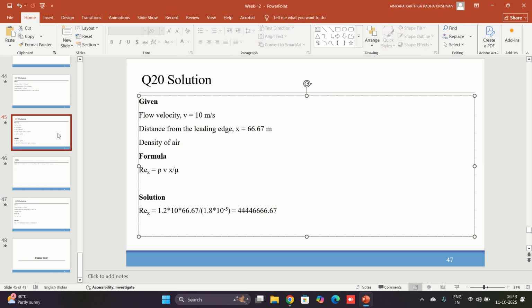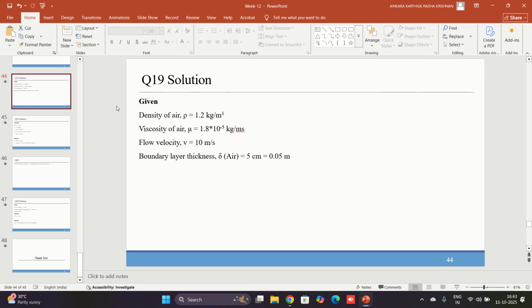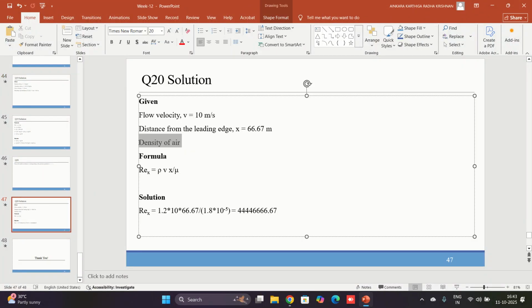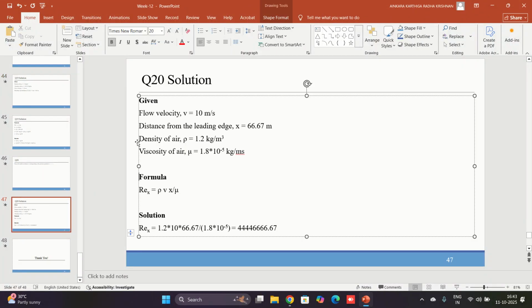The previous problem was air, right? It is air, and viscosity of air. We require both. And the formula is Rex is equal to rho v x by mu. So rho is 1.2, v is 10, x is 66.67, divided by mu, which is 1.8 into 10 power minus 5.